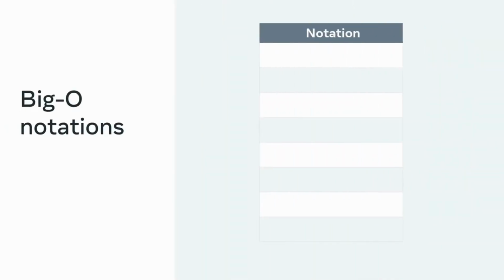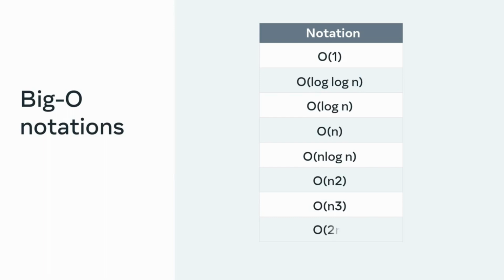The big O notation for space complexity is the same as for time: O of 1, O of log n, and so on. In all these notations, n refers to the size of the input. This is often measured in bytes. Different languages have different memory costs associated with them. In Java, for instance, an integer requires 4 bytes of memory.